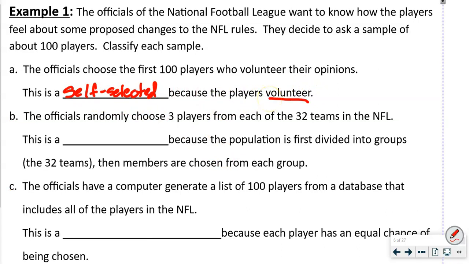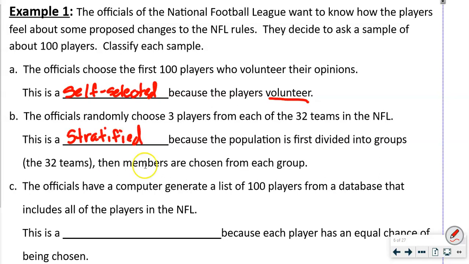They volunteered. So the next one is the officials randomly choose 3 players from each of the 32 teams in the NFL. So 3 players from each of the teams. Okay? So this one is stratified. Okay?